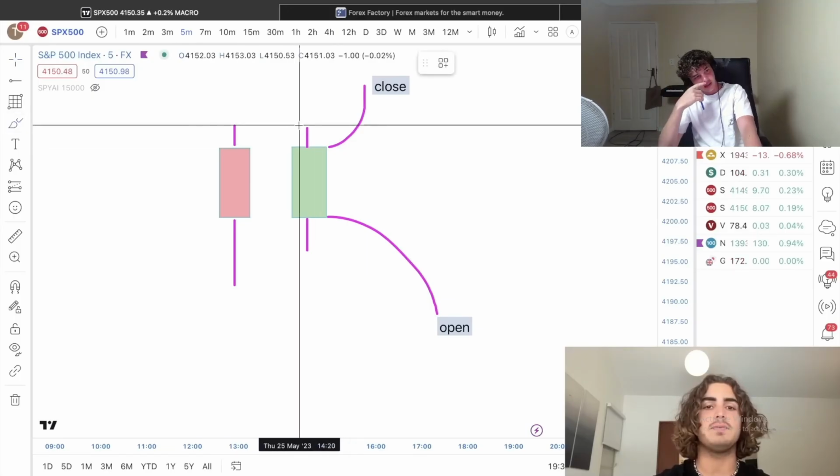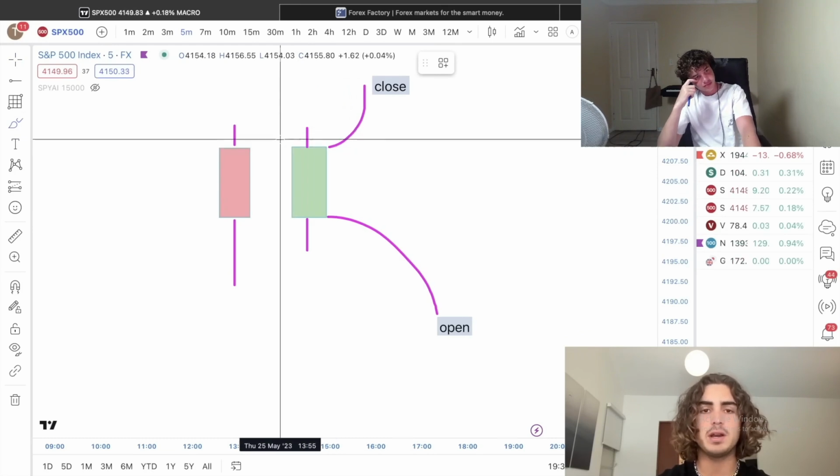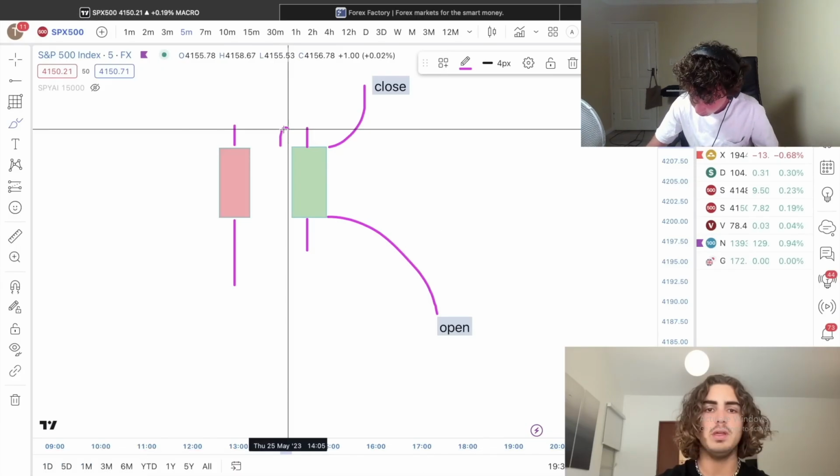Okay, it shows where price went. So that means if there's a wick all the way up here, within this 5-minute candle, it didn't close up here, but price moved up to it. The wicks show where the price went but didn't close.